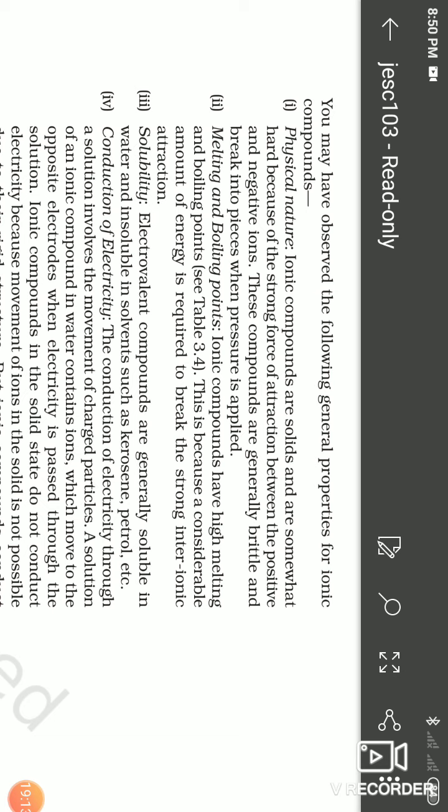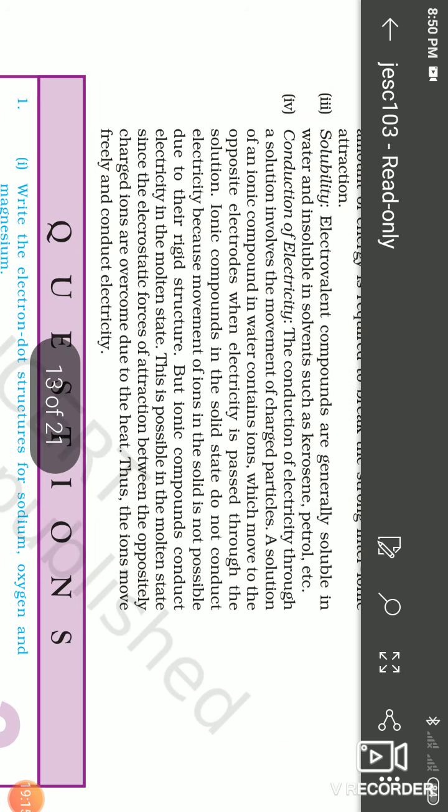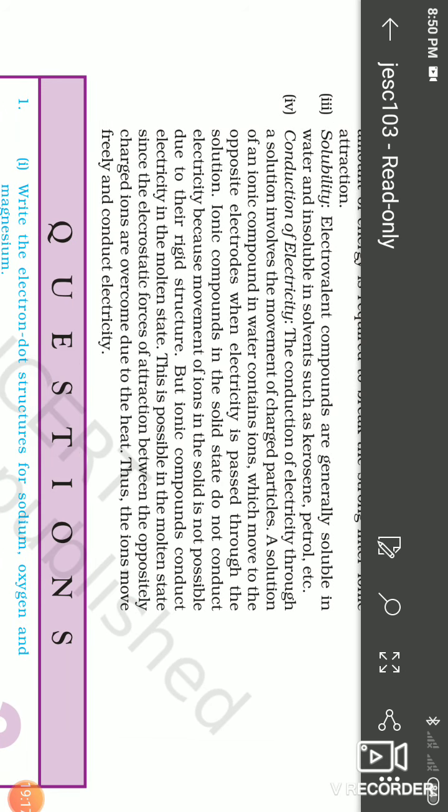Next point is conduction of electricity. The conduction of electricity through a solution involves the movement of charged particles. A solution of an ionic compound in water contains ions which move to the oppositely charged electrode when electricity is passed through the solution.